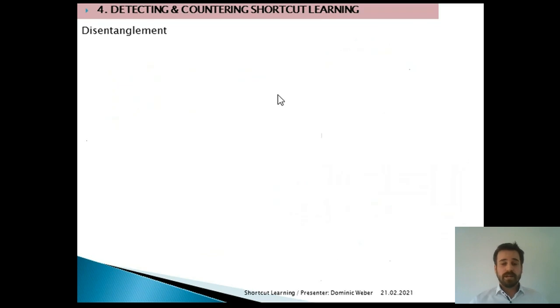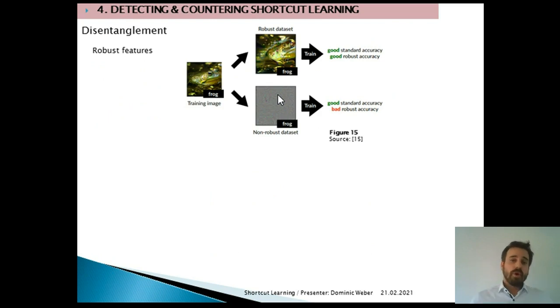Next, disentanglement. Here we separate robust features from non-robust features. So models that perform well on adversarial examples, like the one shown earlier with the plane and the single pixel, tend to use more meaningful features for classification. And that's shown by this upper picture here of the frog. These are robust features, as opposed to this noise in the lower picture.